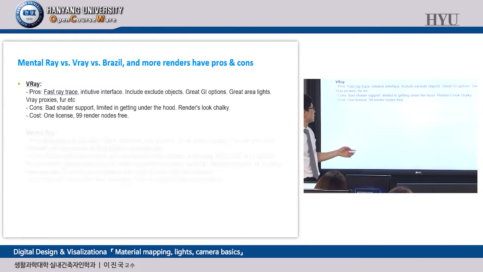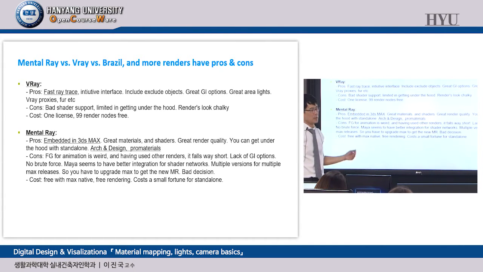But nowadays, mental ray has big support from NVIDIA and Autodesk material. As you know, 3D Max is from Autodesk, a huge global company. V-Ray supports Rhino, SketchUp, even 3D Max, lots of things, but the V-Ray company is comparatively small.